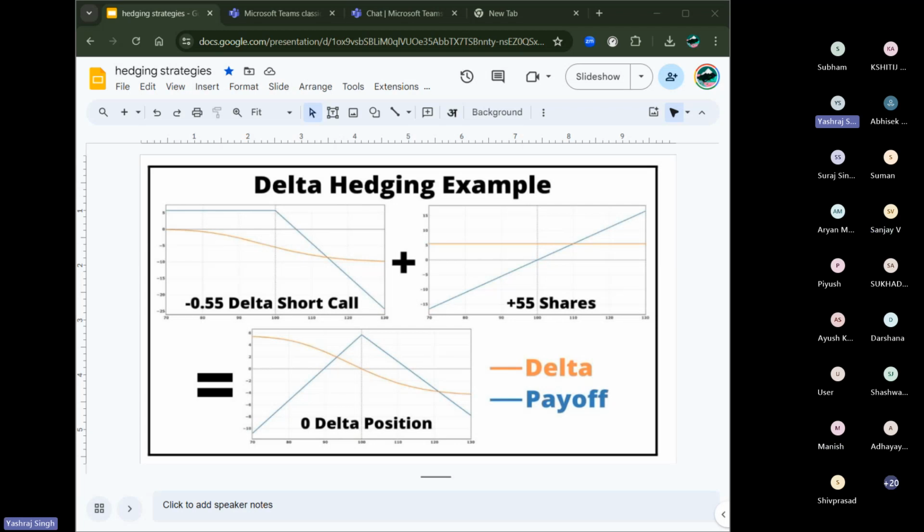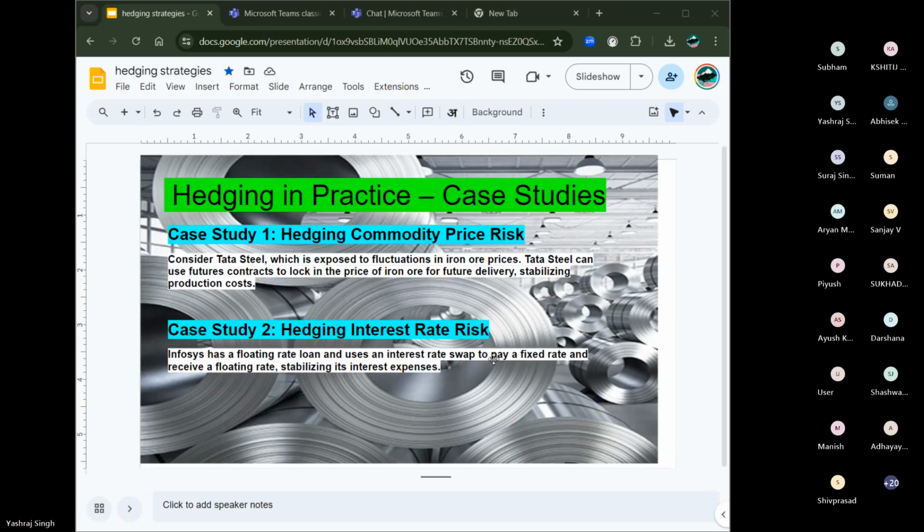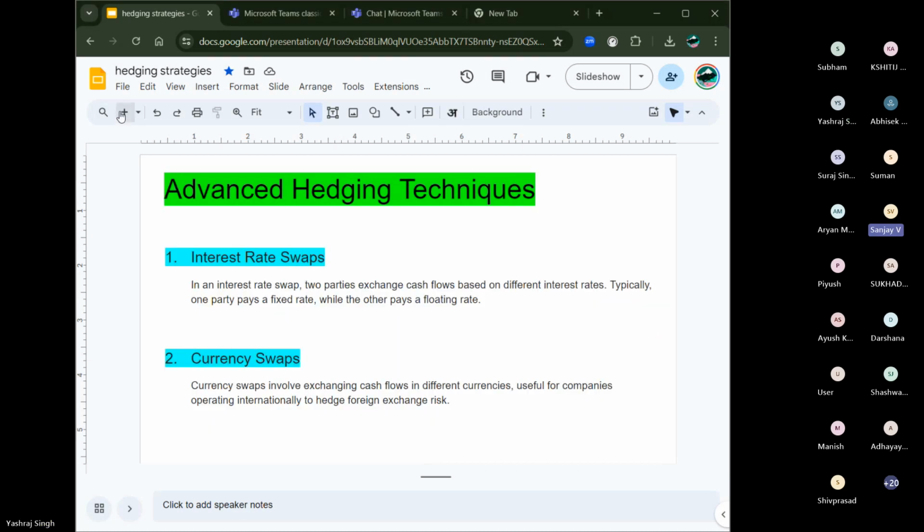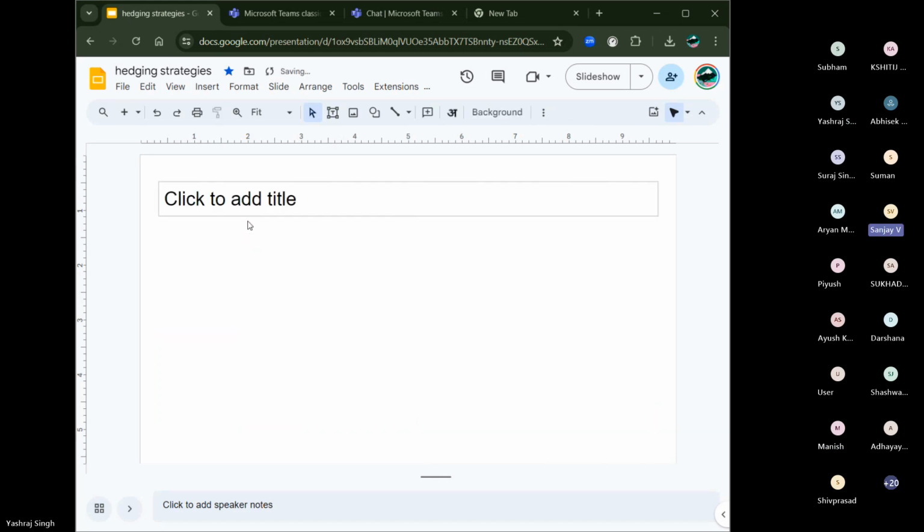Let me draw on the screen. Basically, delta is a sensitivity barometer to the underlying price.